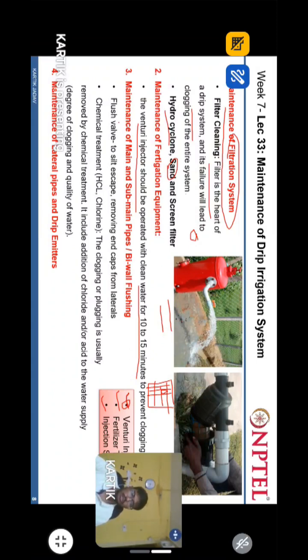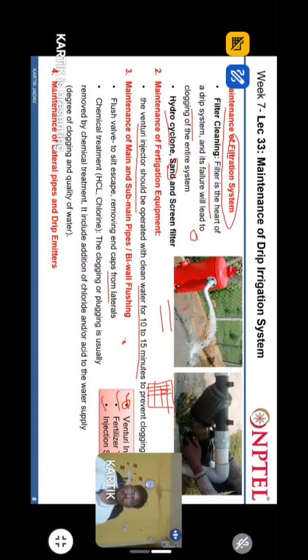We have also shown the maintenance of main and submain lines. In main and submain lines, we have various kinds of valves like flush valve and ball valve. The flush valve is available at the end of the submain pipes or lateral pipes, and the ball valve is available at the head end of the submain pipe.